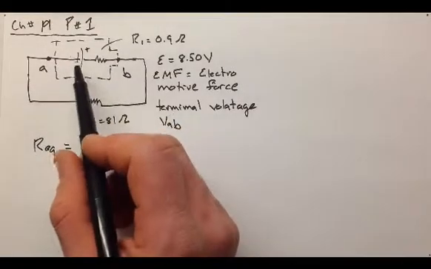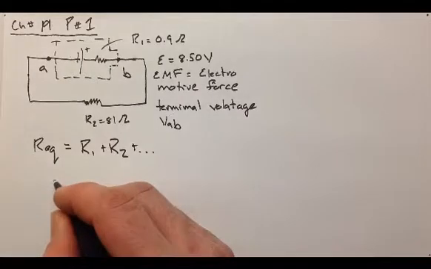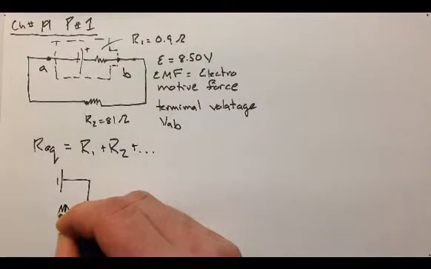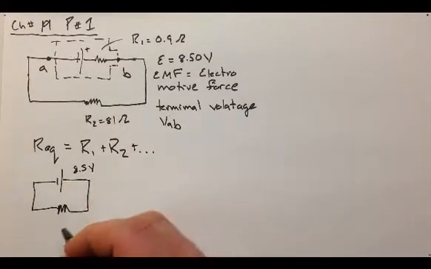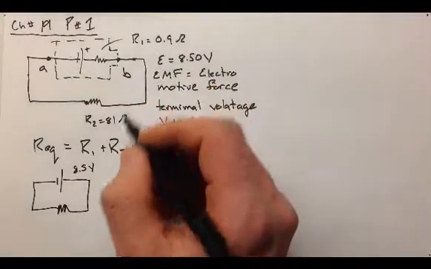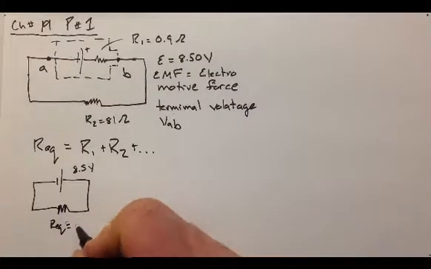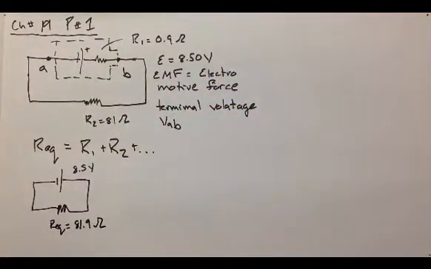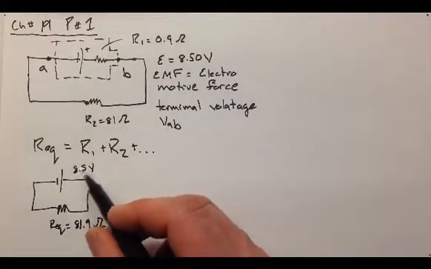So rather than model this circuit as a battery and two resistors, I could redraw this circuit like this: a battery of 8.5 volts and then one resistor instead of two. This equivalent resistor would have a resistance of 81.9 ohms. How did I get that? Well, I added these two up. Now, this is for resistors in series.